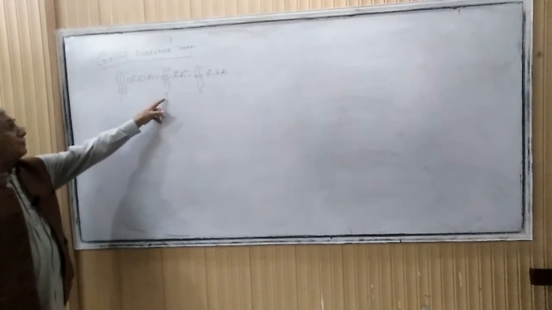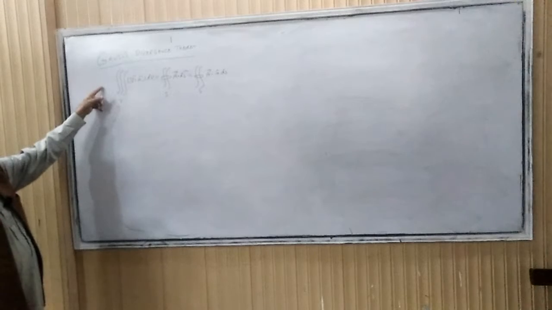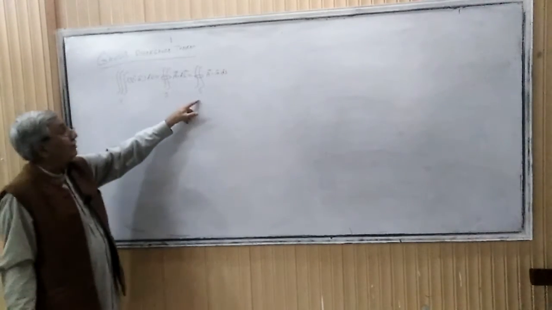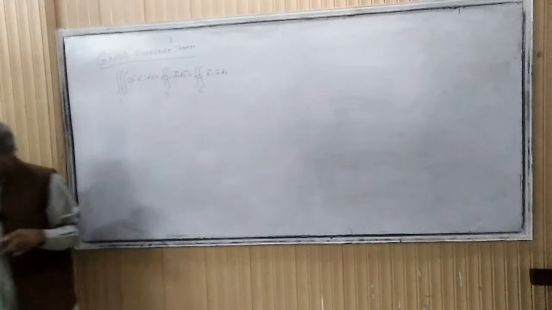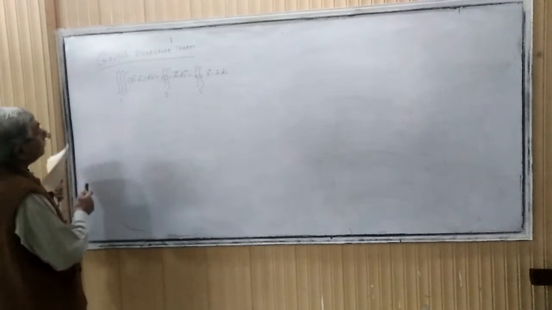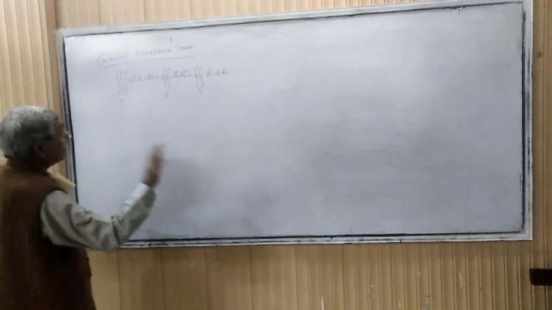Here, surface integral is related with the volume integral. In Stokes theorem, surface integral was related to the line integral. So, this is another theorem which interrelates the surface integral and the volume integral. What does it say?